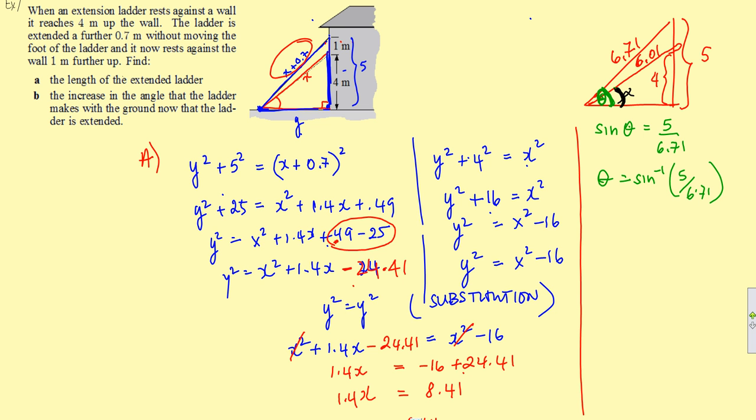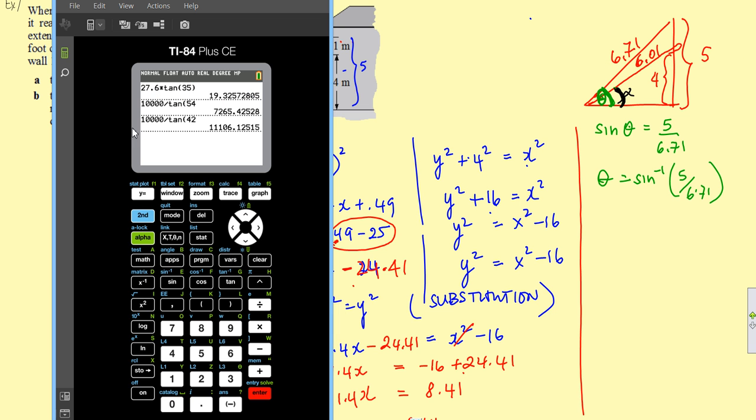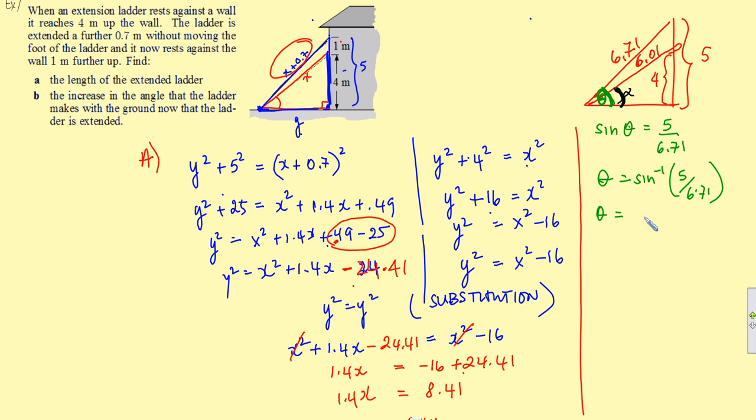When I do this on the calculator, I go to second function, sine. Remember, we want to find the angle measure. Second function, sine 5 divided by 6.71. Close the parentheses, enter, and we have 48.2. So theta is equal to 48.2.